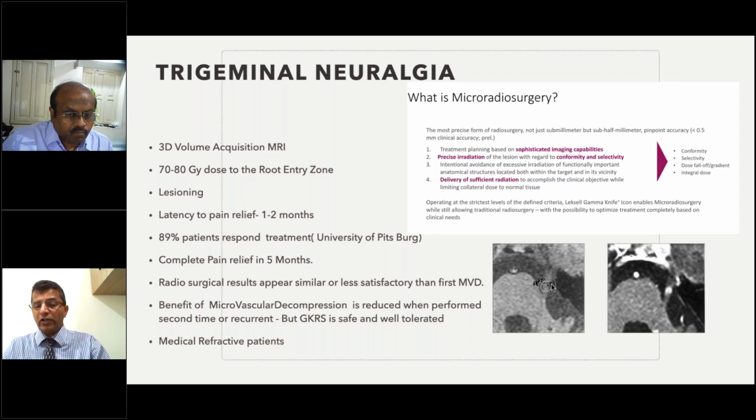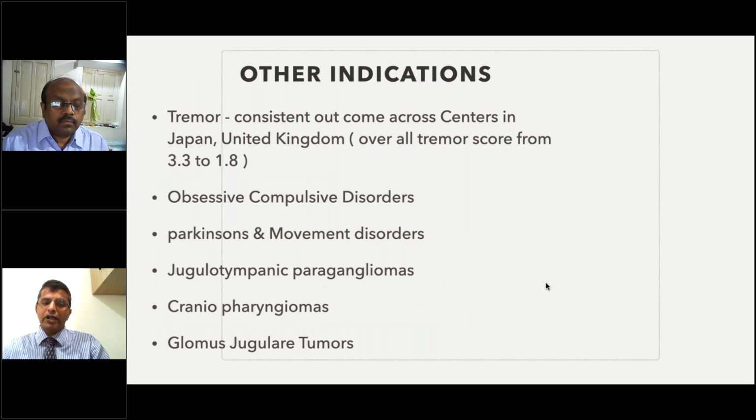This is the root entry zone. To deliver this higher radiation dose to the root entry zone is very challenging, but this is the challenge the gamma knife physicists need to meet by designing protocols and sequences to deliver the treatment from localization till the completion of the delivery.